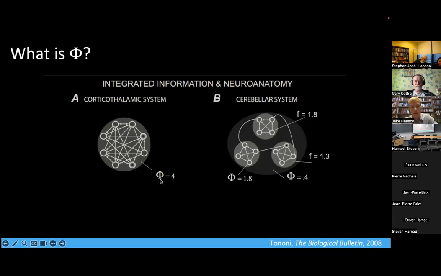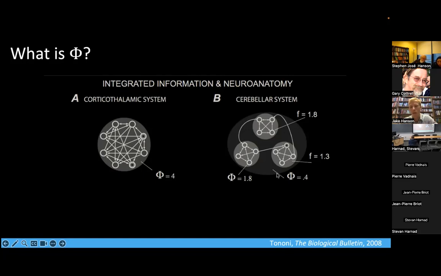This isn't actually a phi value. This is just to help you conceptualize what you're measuring. And then on the right, you have the cerebellar system. It's more separate. So there's small complexes of integration, and then they're sparsely connected. And so within these complexes, you have relatively high phi values, like 1.8 for this complex here.